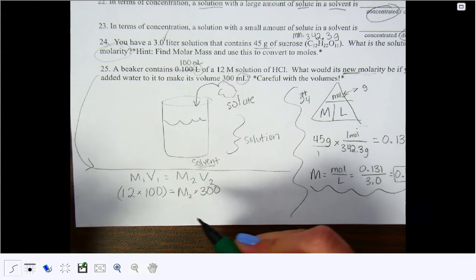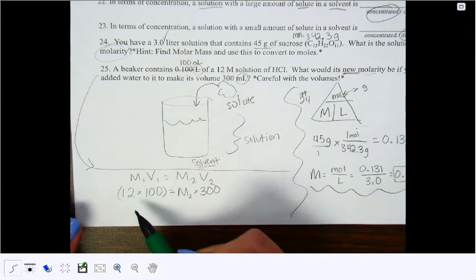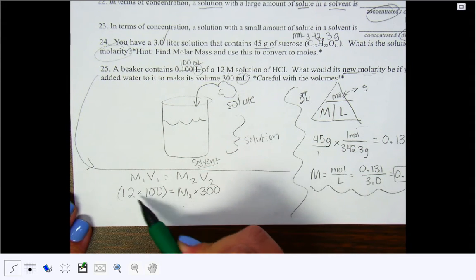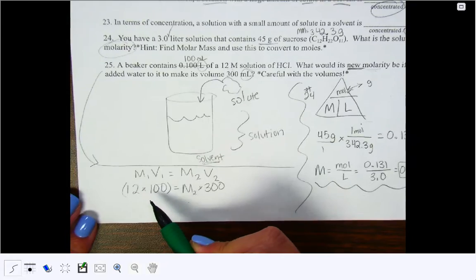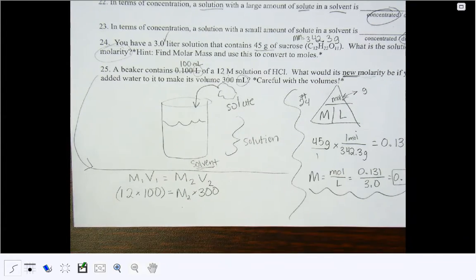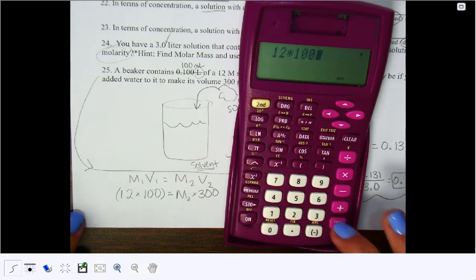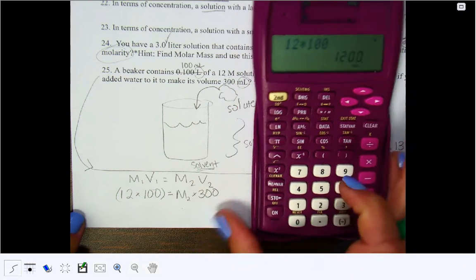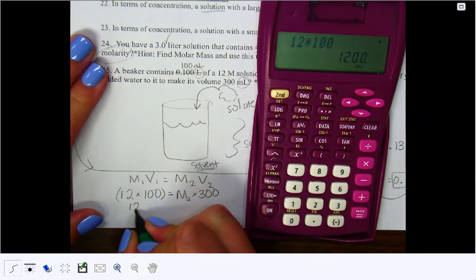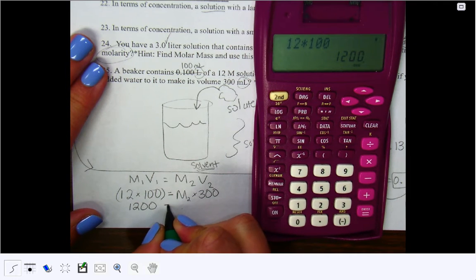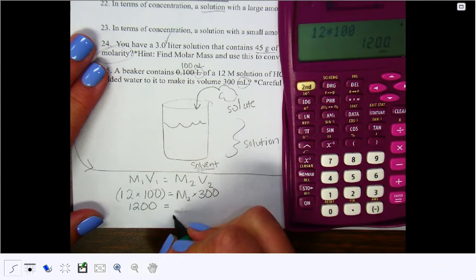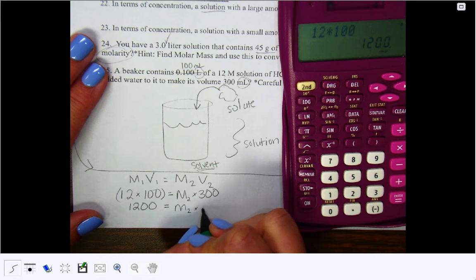The way we decided as a class to solve this is to simplify the side that doesn't have any variable. By variable I mean any letter. So I'm going to take my 12, multiply that by 100, and I get 1,200. I'm going to write that down, equal to M2 times 300.